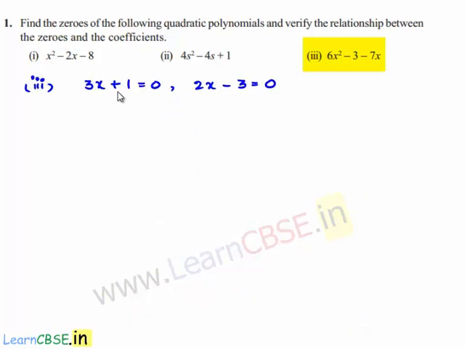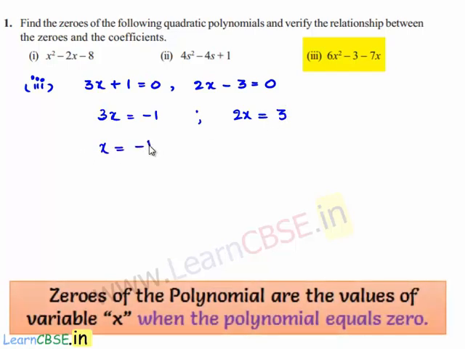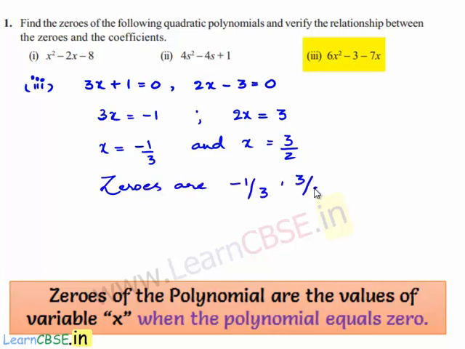So transposing plus 1 to right hand side, we will be getting 3x is equal to minus 1, and here transposing minus 3 to right hand side, we will be getting 2x is equal to 3. Therefore x is equal to minus 1 by 3 and x is equal to 3 by 2. Therefore the zeros of the given polynomial are minus 1 by 3 and 3 by 2.